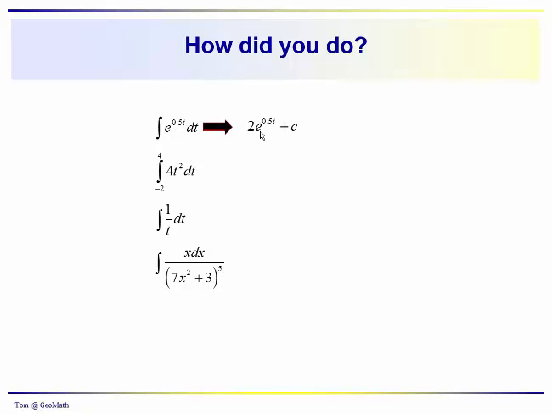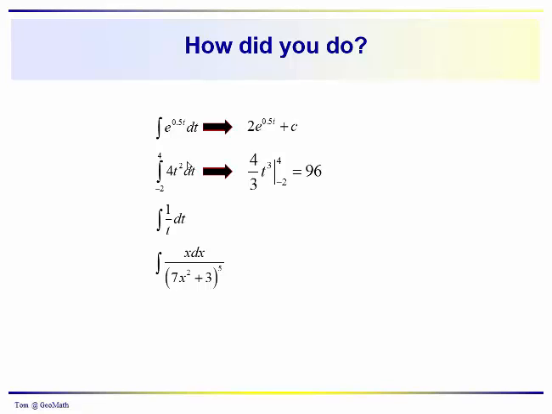On the first one, we end up with a factor 1/2 when we differentiate the exponent. We have to get rid of that since we don't have a factor 1/2 as a coefficient before the exponential function. So we get 2e to the 0.5t. For 4t squared, this is an easy application of the power rule for integration.